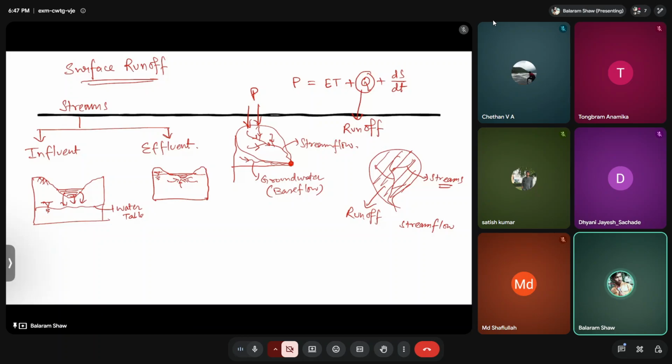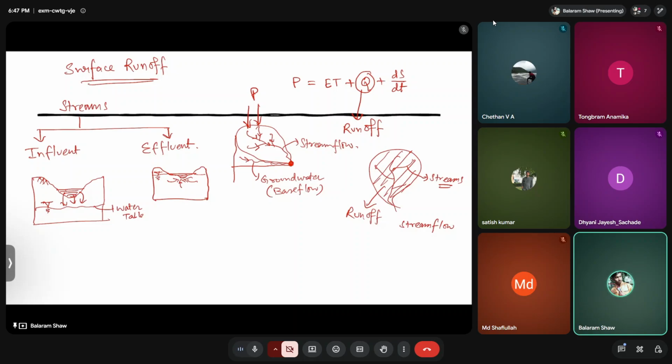So think of the water table first, and how the water is flowing from it. If it is coming into the water table, we call that as influent. If it is going out from the water table, we call that as effluent stream. Influent stream runoff, or let's say stream flow, is the water that is discharged through the streams consisting wholly or in part of water contributed by overland flow and the groundwater flow, that is base flow.